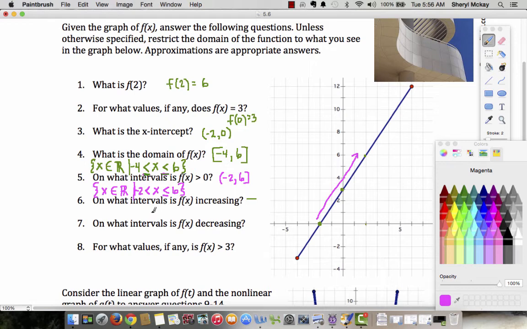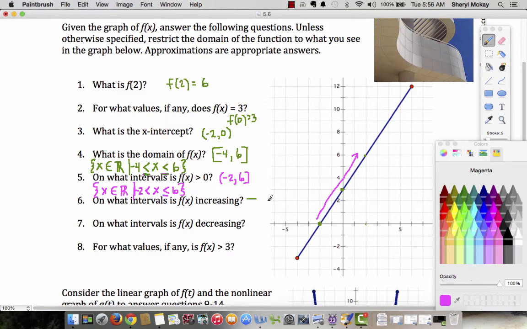Now, on what intervals is f of x increasing? Well, from here to here is the function, and the entire time f of x is increasing, isn't it? So it's really the domain of the function. F of x is increasing the entire time.